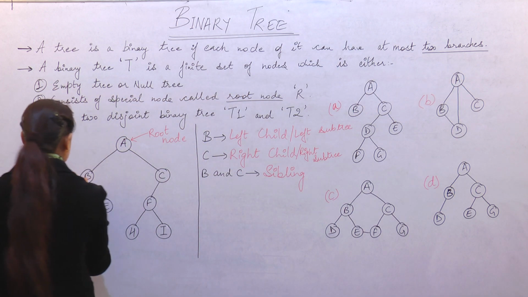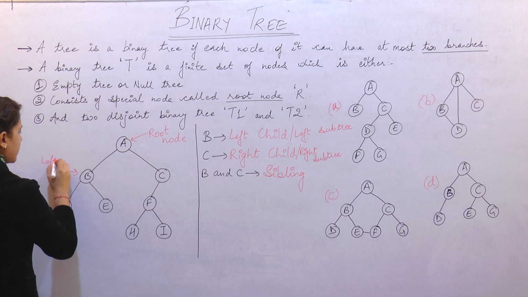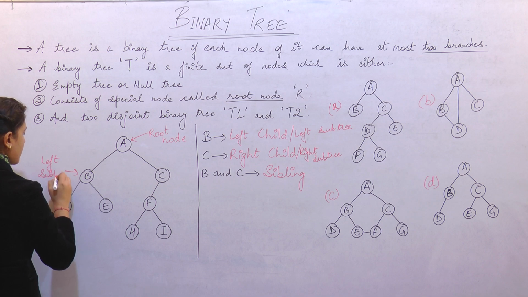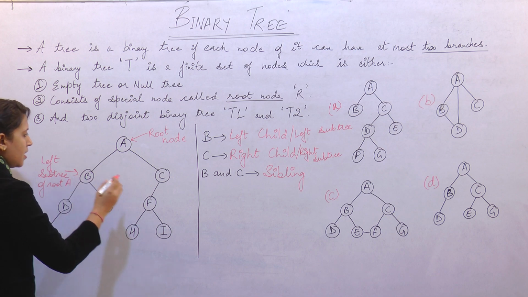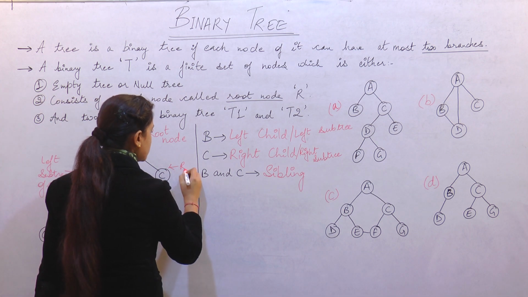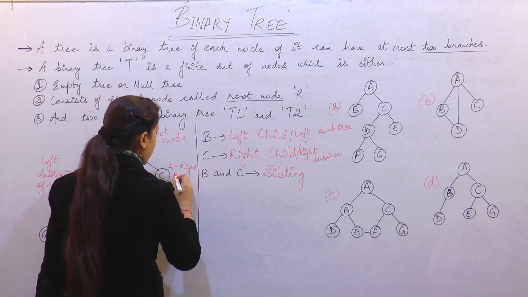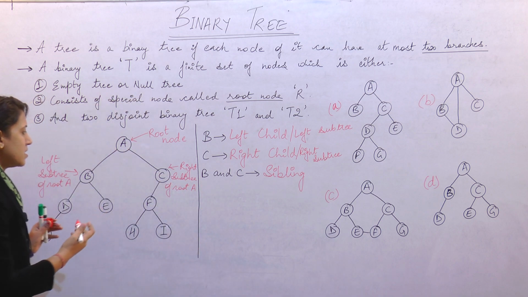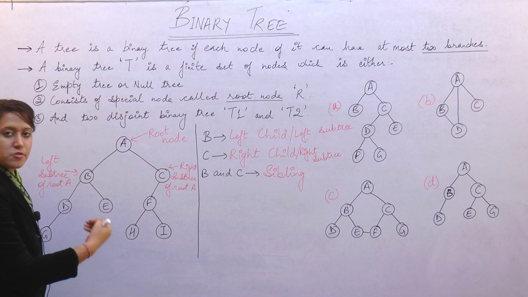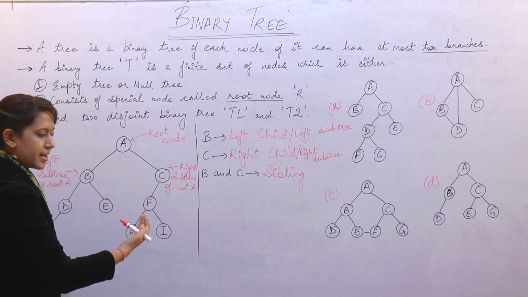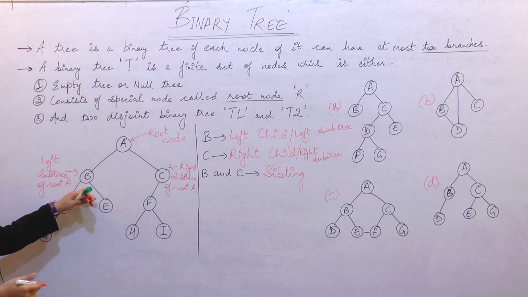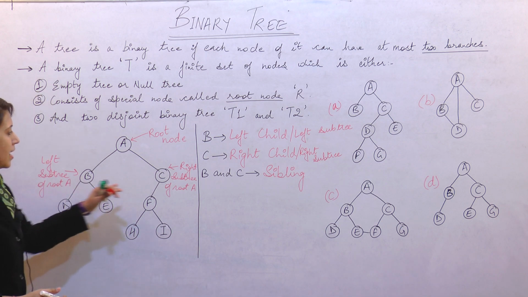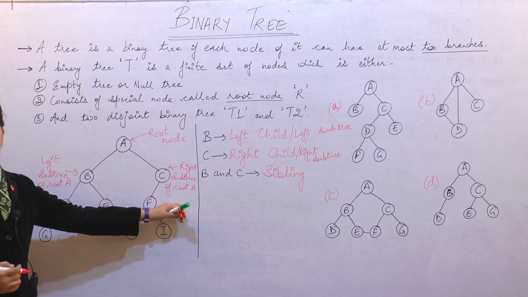That's why we take B as the left subtree of root A and C as the right subtree of root A.